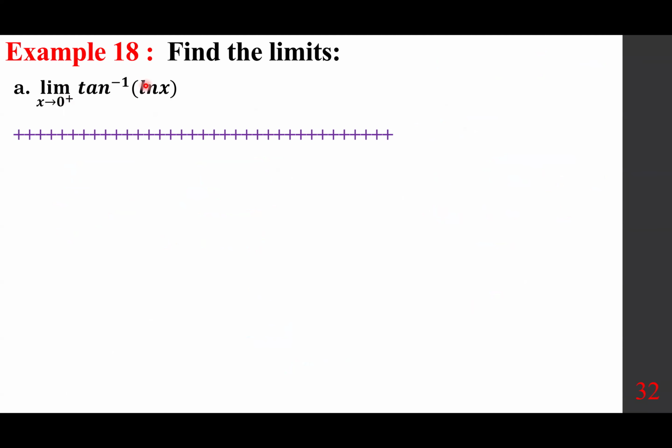The limit of tan inverse of ln x as x approaches 0 from the right. So you're taking the limit and it pertains to x, therefore it pertains to ln x. You can take the tan inverse out. So it says tan inverse of limit of ln x as x approaches 0 from the right. Now, we're going to concentrate on this, see what this becomes.